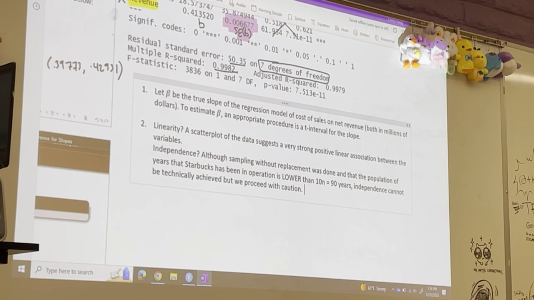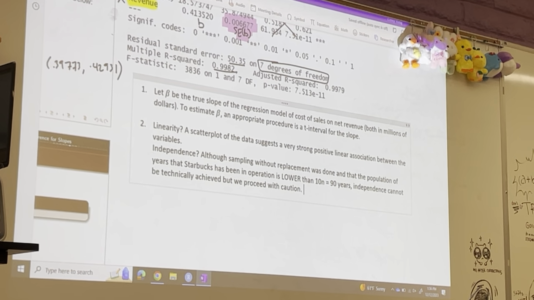Okay, so again, I checked the conditions. It did not check out how I had hoped, so therefore we proceed with caution going forward. Okay, everyone see that? Because we only have 9 years, and obviously if they've only been in operation for 50 something years, then we have a sample that's bigger than 10%. So obviously we checked it, but it didn't go our way, but we are going to move forward.